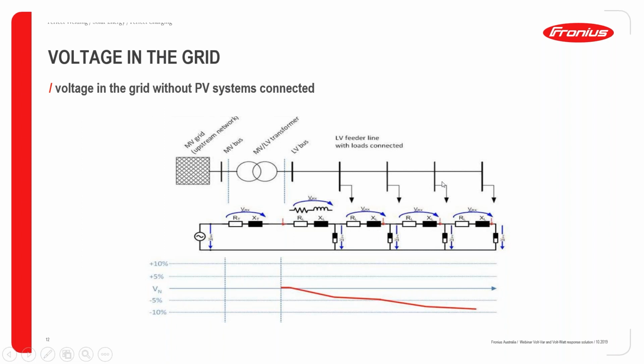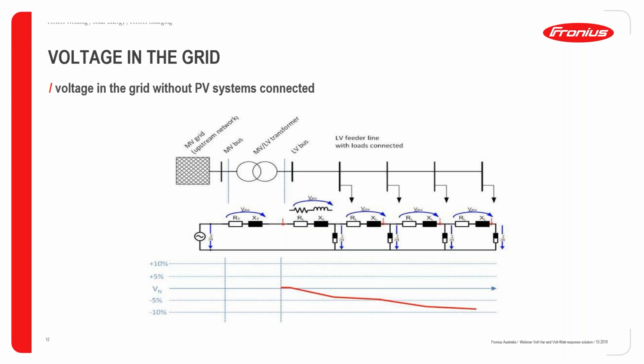So these houses may get about 8% voltage drop, whereas the house close to the transformer may not have as much voltage drop. This is a good way of understanding what happens to the grid lines when there is no PV system connected.